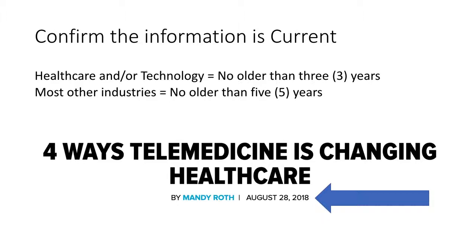Another thing you want to make certain that you look for is the date of the information. Healthcare information and technology information should be no older than 3 years. And that's because both healthcare technology and health informatics, which is healthcare technology, innovate very, very quickly.